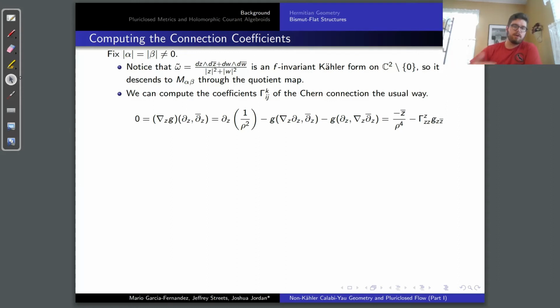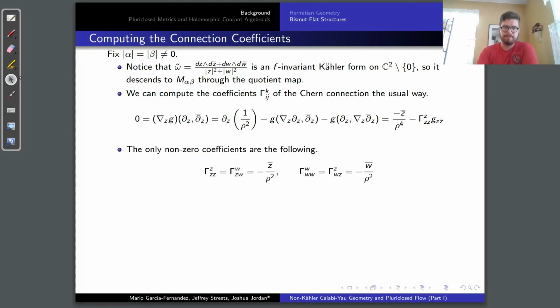Then I mentioned before that you can compute the connection coefficients for the Chern connection. It proceeds basically this way. It's very similar to the way you would do it for the Koszul formula. And repeating this the necessary number of times, you end up with these connection coefficients.